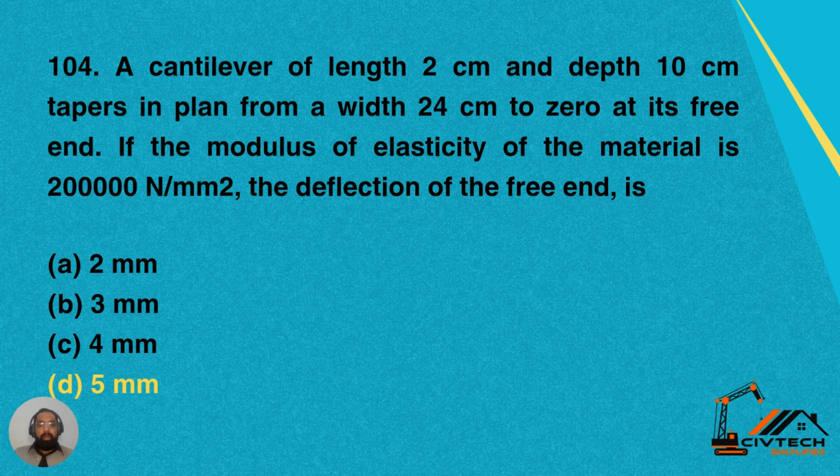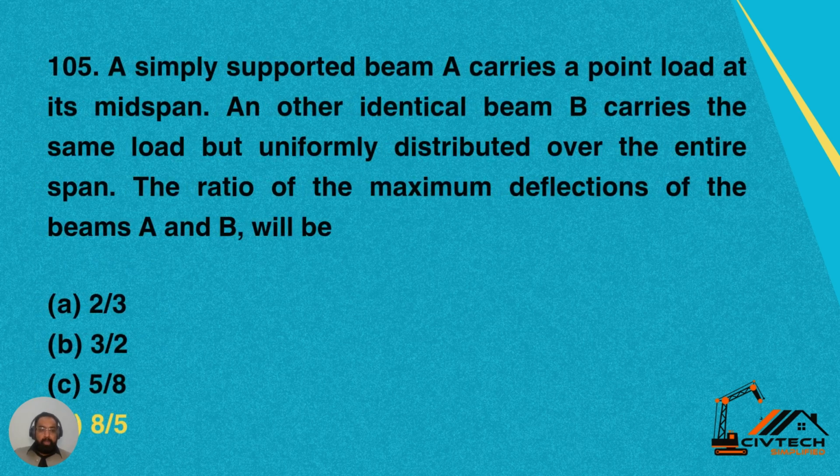So correct answer is D 5 mm. A cantilever of length 2 centimeter and depth 10 centimeter tapers in plane from a width of 24 to the width of 0 at its free end. If the modulus of elasticity is 200,000, the deflection at free end would be 5 mm. So D is the correct answer for this question, 5 mm.